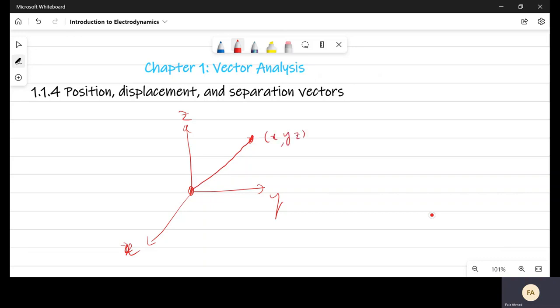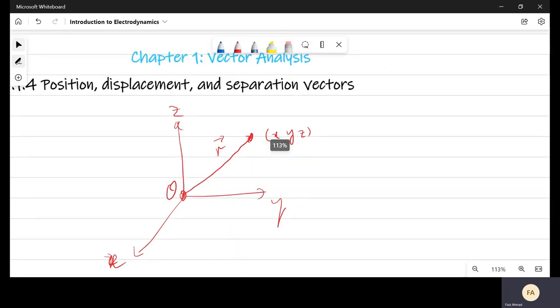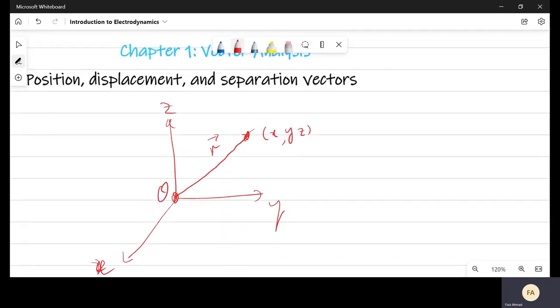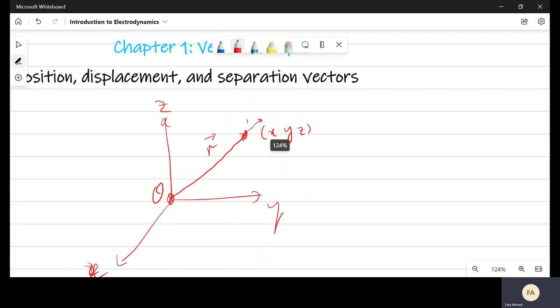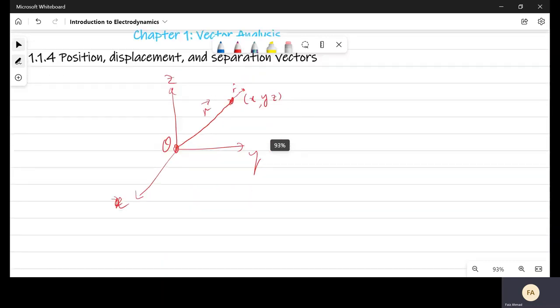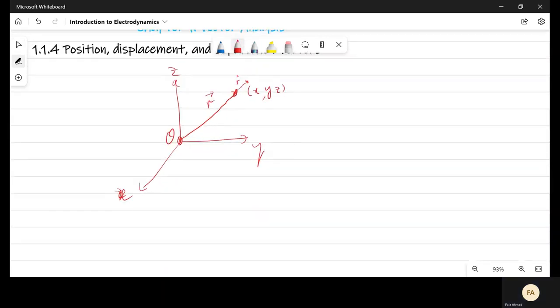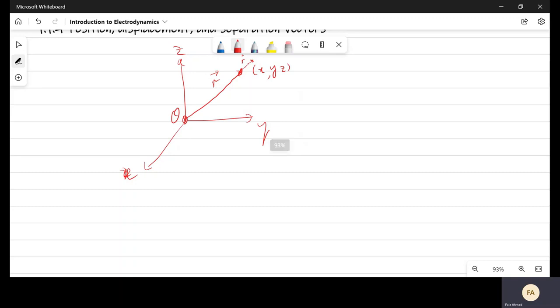We have the origin, and this is our vector, which we call the position vector. The unit vector is the vector in this direction. So R is called the position vector.